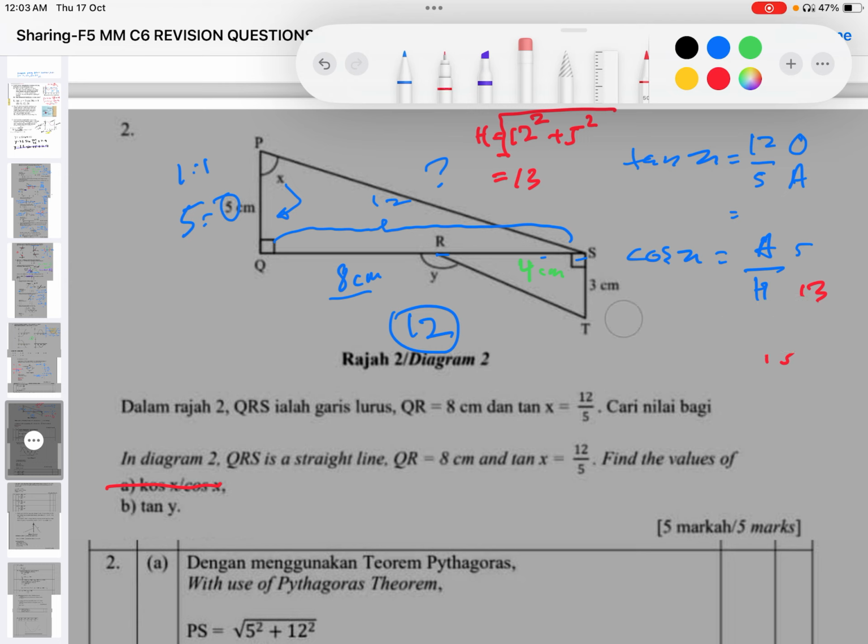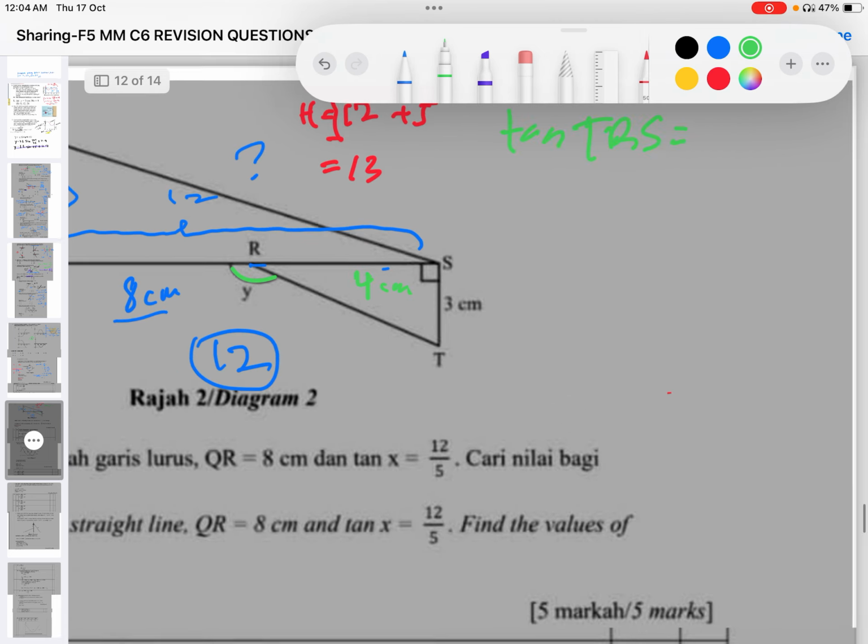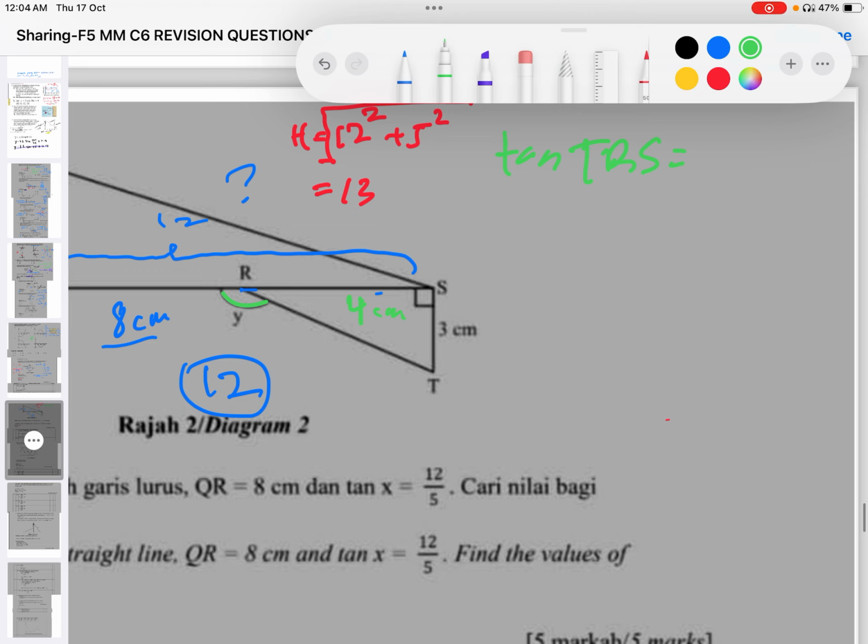Okay, soalan nombor 2, B tan y. Tan y. Y duduk kat mana? So y kat sini. Okay. So because it's a corresponding angle, it's going to be a negative. So kita cari tan biasa dulu, tan TRS dulu. It is going to be TOA, opposite over adjacent.